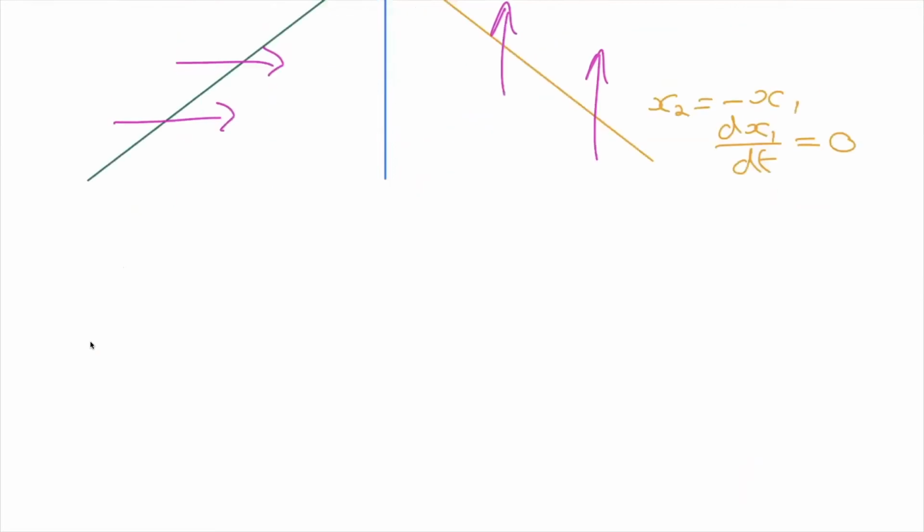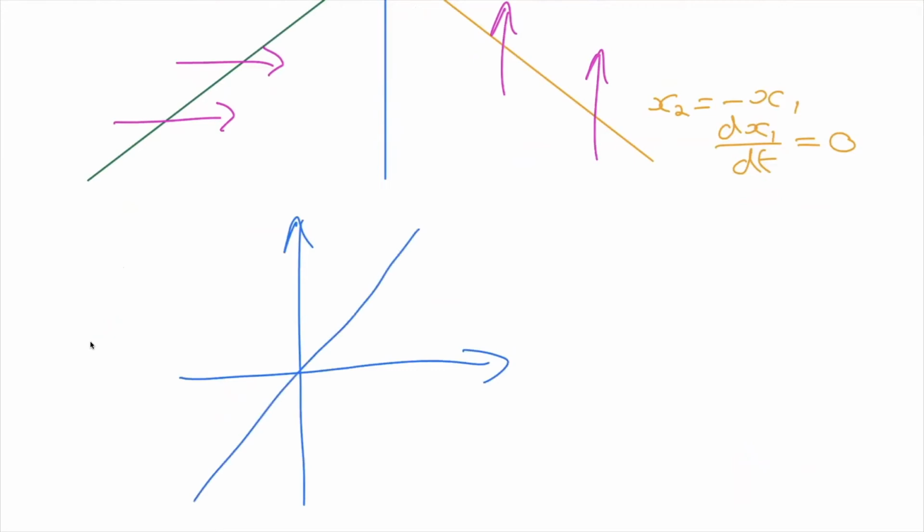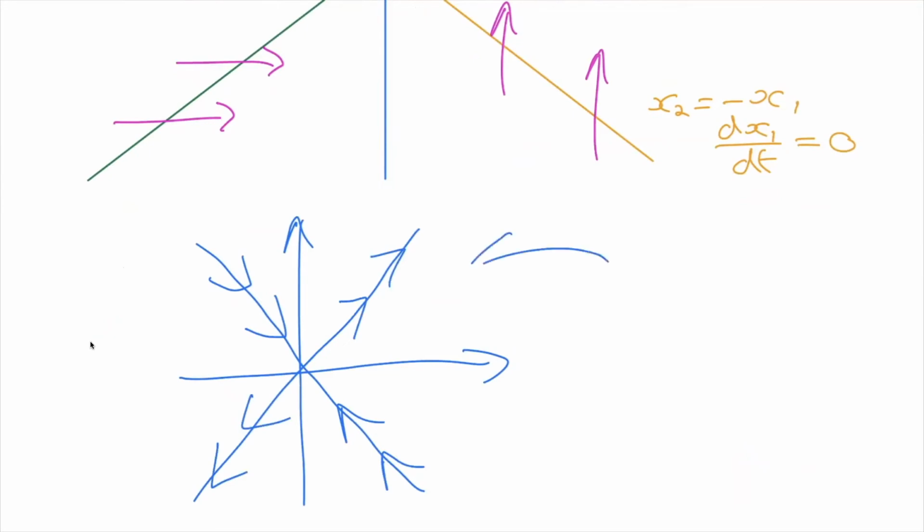There were also quite a few people that drew these more similar to being eigendirections. They would have things where the arrows pointed along the null lines. If you look back in your notes, this is the kind of picture when we have eigendirections, and you're moving along those eigendirections.